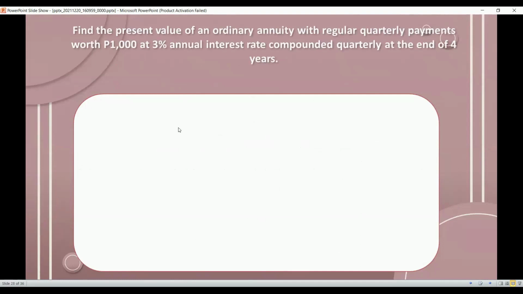We have a problem here where the present value is missing. Find the present value of an ordinary annuity with regular quarterly payments worth 1,000 pesos at 3% annual interest rate compounded quarterly at the end of 4 years.